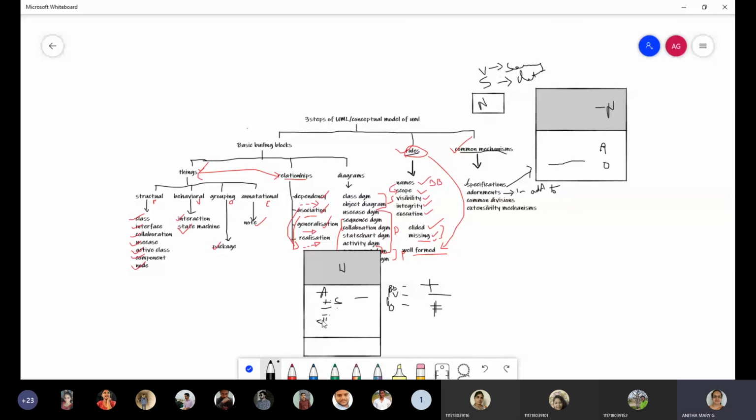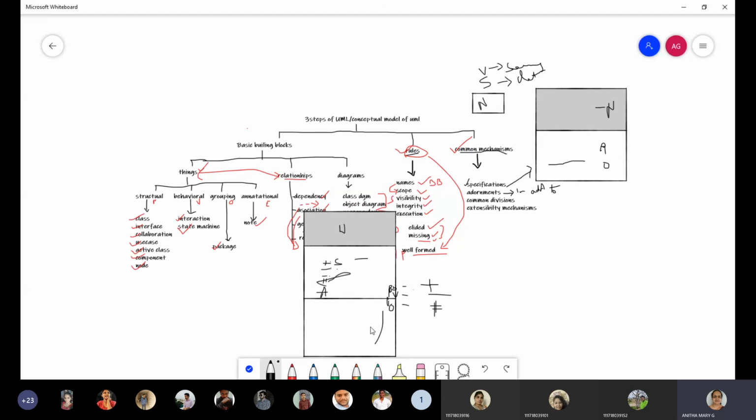Along with the existing things, if you are going to add more information to the existing one, like the visibility, or whether it is an abstract or concrete class, and the operations also, you can give the visibility of how they exist. So that is what adornments are, an add-on to the existing one.